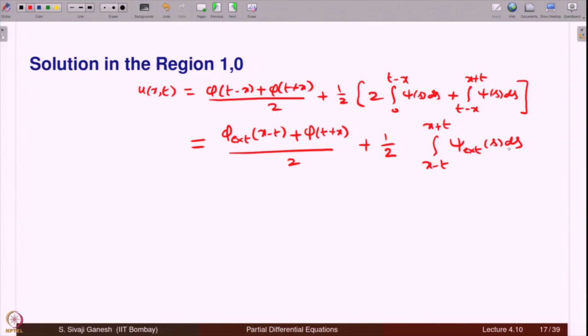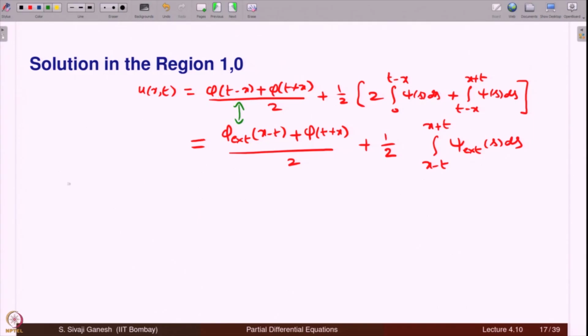Then this is in the D'Alembert form. Now, if you look at this first term, this suggests that we must define phi as an odd function in some interval. No, sorry, even function, because I have phi of t minus x, and I want phi of x minus t, no minus sign here. Therefore, I want to define it as even.